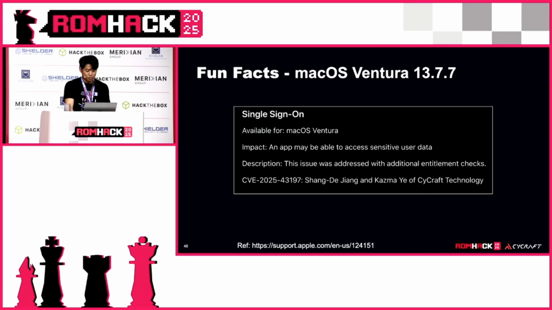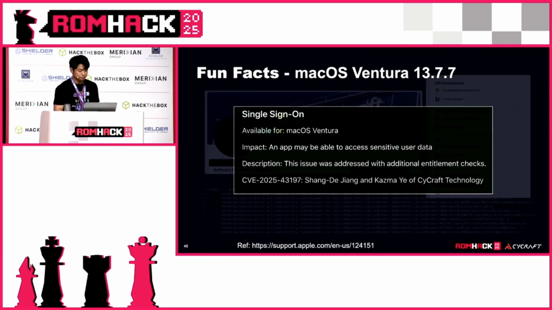The reason is that macOS, as the operating system, needs to handle requests from different vendors. So by adding more validation checks at the OS level, Apple can make the overall environment safer and reduce the chances of mistakes in third-party vendors' implementations. So many thanks to Apple for this patch.